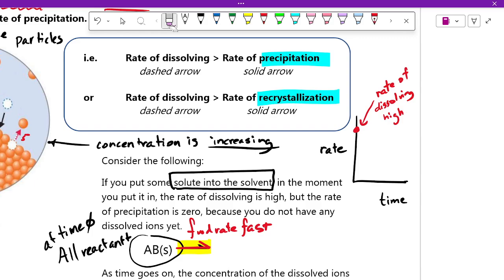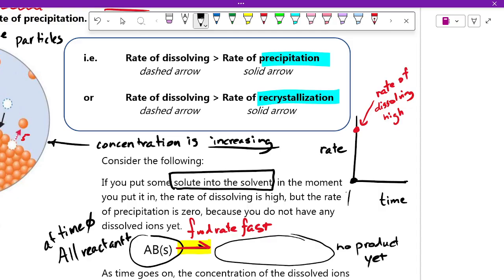What can we say in that moment about the rate of recrystallization? How much product do we have? We have no product yet. Therefore, our rate of recrystallization is 0.